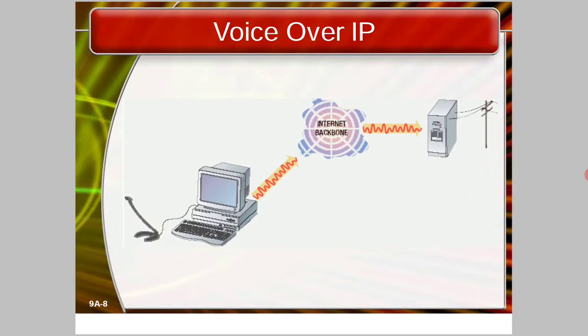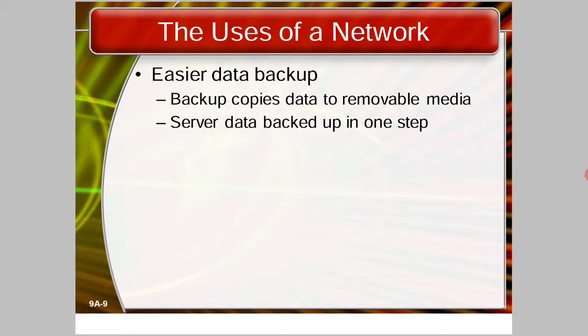This is an example of voice over IP: we are using a computer directly in place of a telephone line. By using the internet, we can use the VoIP concept.